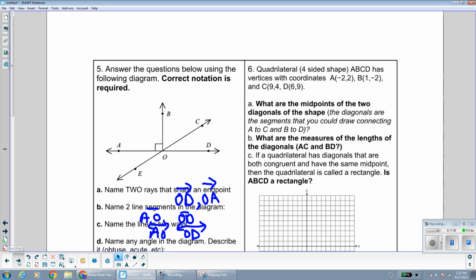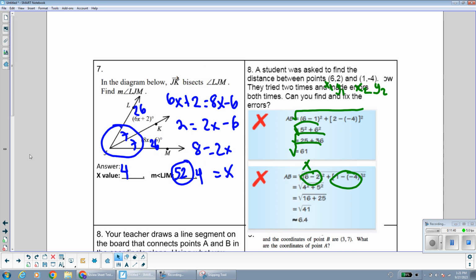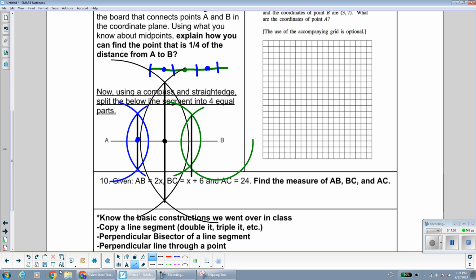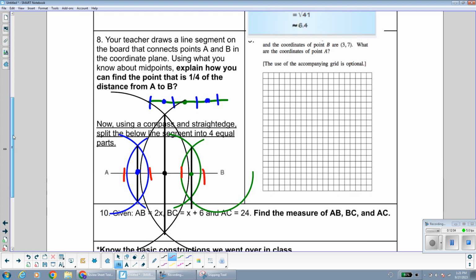Oh no. I wanted to get rid of my compass. That's the button to click. Okay, from here, make my perpendicular bisector right through those intersection points. And there we have it. We have the halves of the halves. So what we have is now 1, 2, 3, 4 congruent pieces. So we are all good to go.